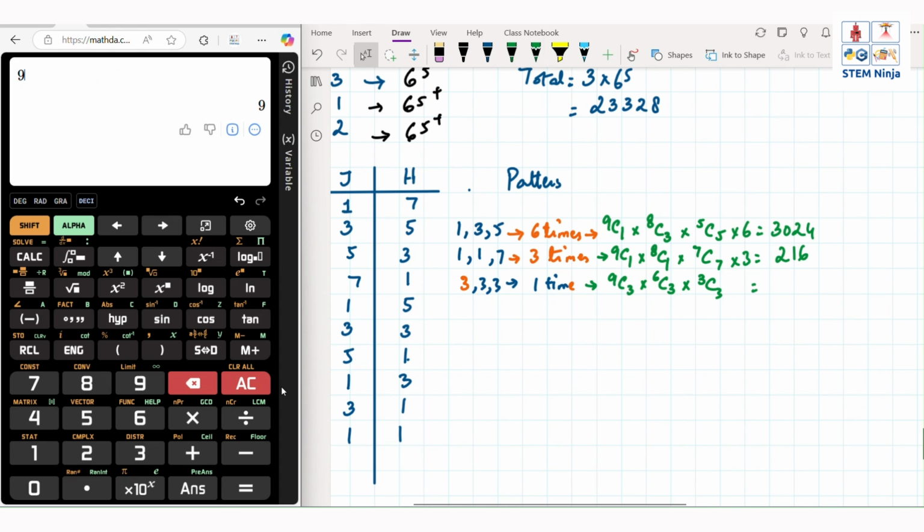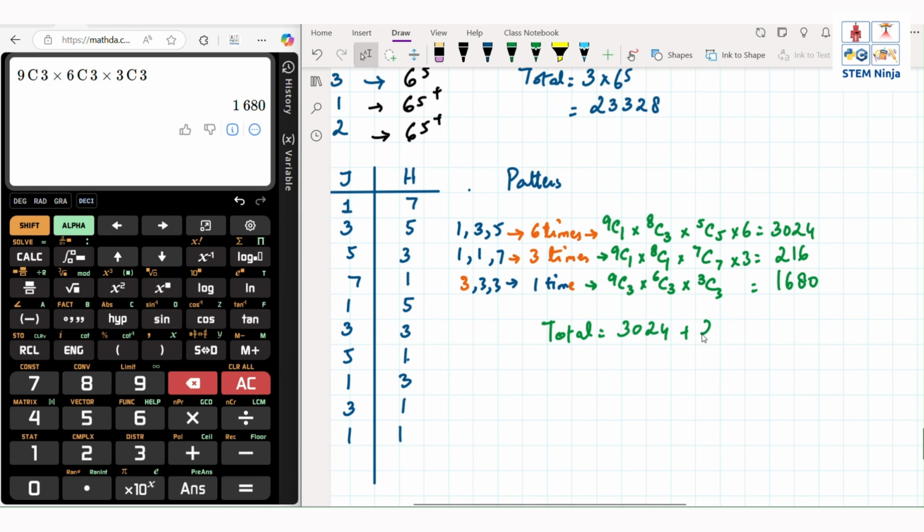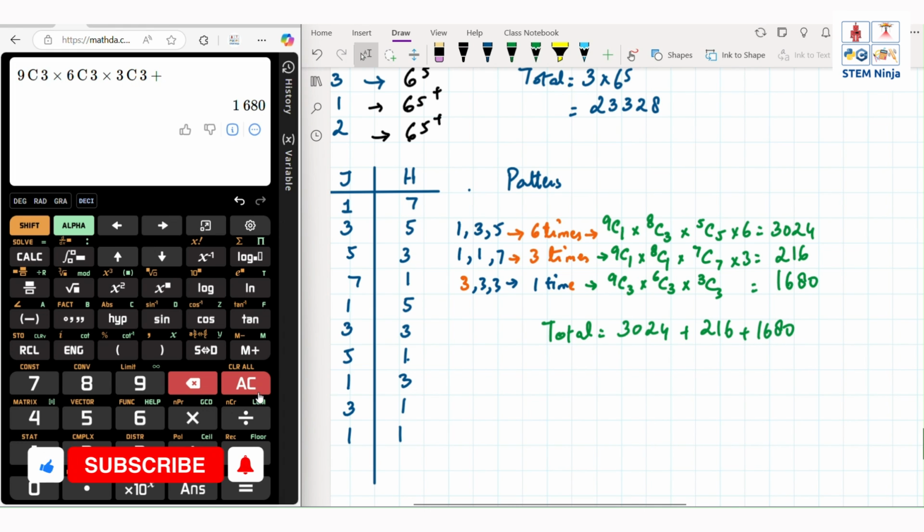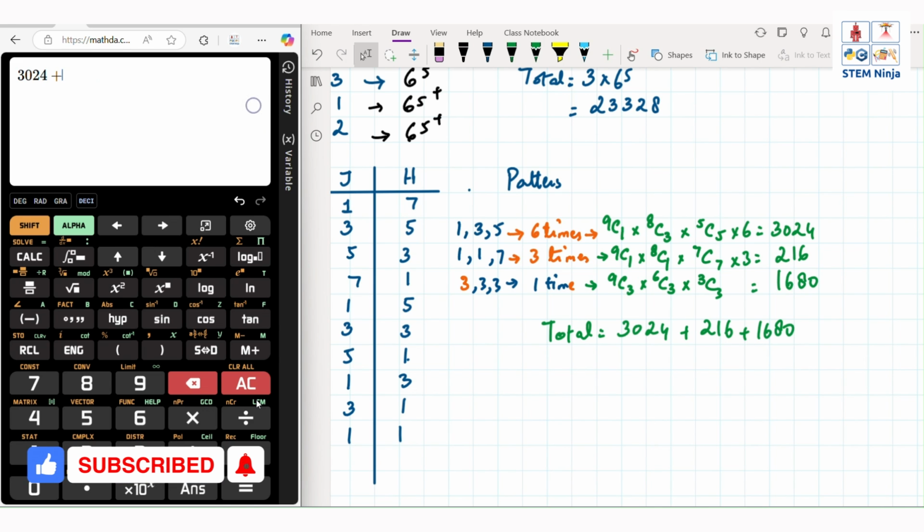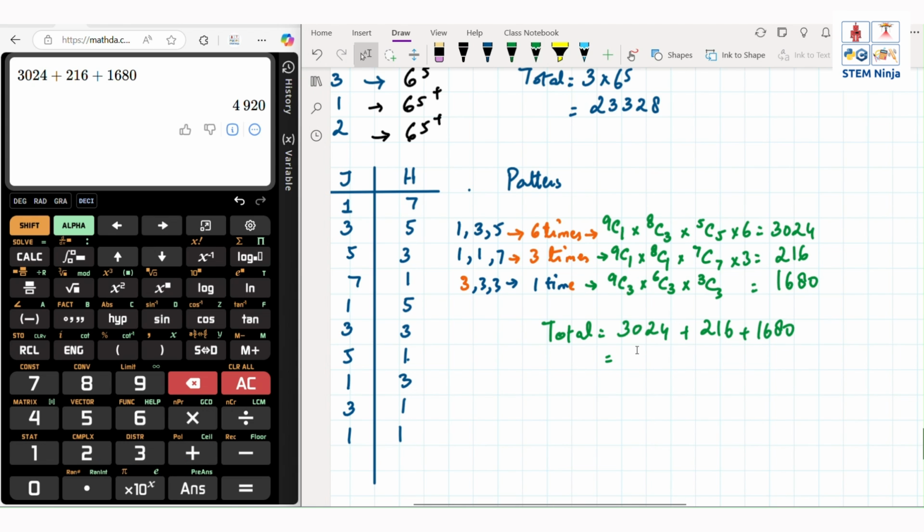This one, 9C3 times 6C3 times 3C3, is multiplied by 1, so 1680. So the total would be 3024 plus 216 plus 1680, and we get 4920. And that's the final answer.